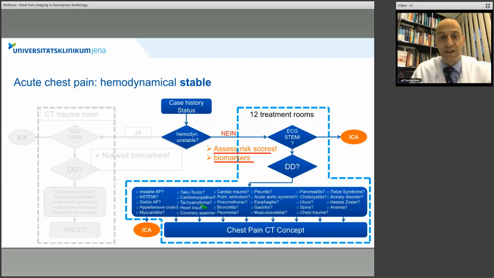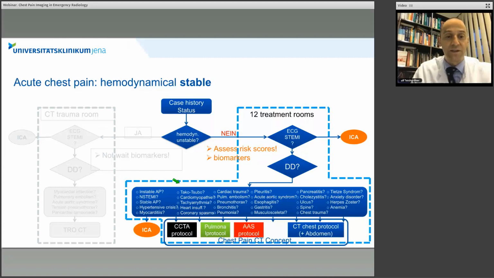If it is a non-STEMI by definition, other differential diagnoses are possible, and you can see we have a whole sort of diagnoses here, and it's much more sophisticated than you think, especially as a patient with chest pain can have different differential diagnoses, and makes it much more difficult for the decision making.